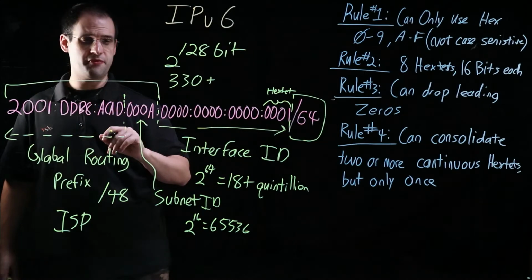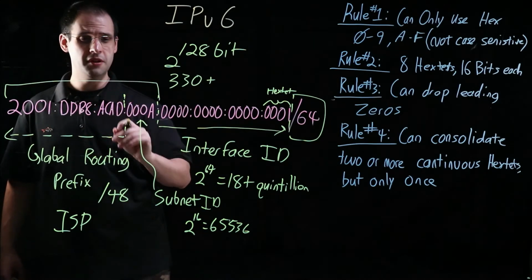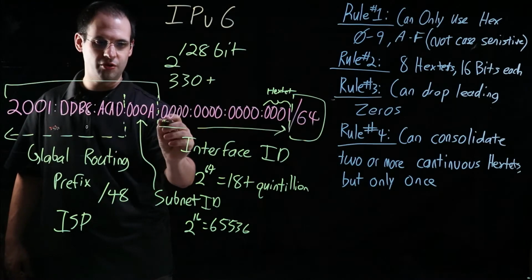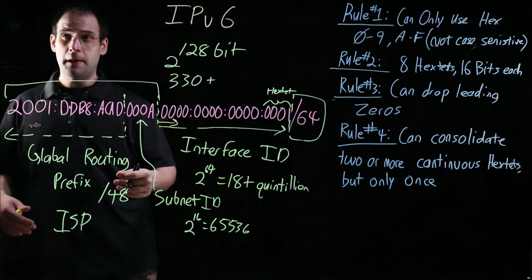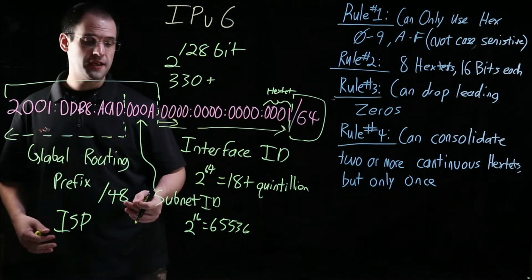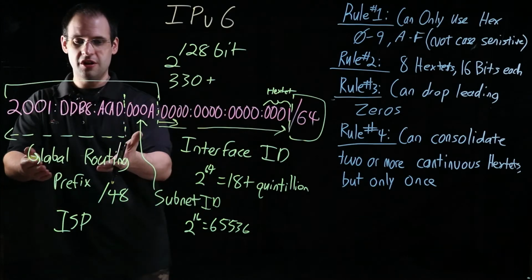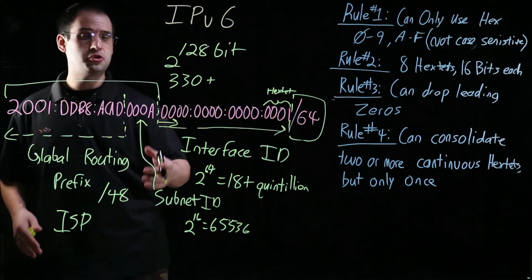Now, before I get ahead of myself, there is a technique called subnetting on the nibble, where you can subnet into the interface ID. You can do it, but with 65,000 plus subnets per /48, it turns into a why bother, right? But you can do it.